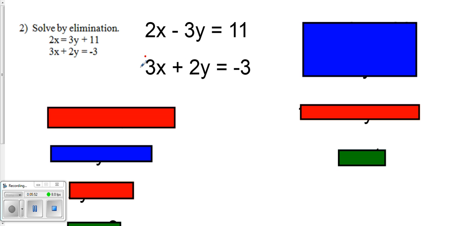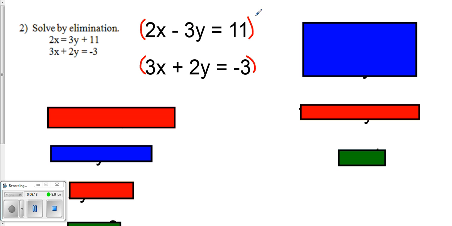How would I multiply the entire bottom equation and the entire top equation by something to get these two to cancel out? Well, if this is 3 and this is 2, we would just think of our least common denominator. So 3 and 2 will both go into 6. So we're trying to turn these into 6.